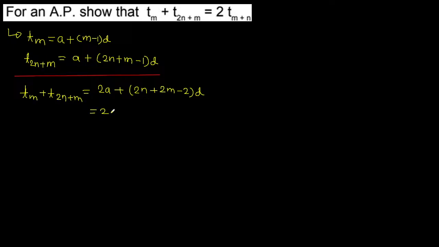If you take 2 common, it is a plus (n plus m minus 1) into d. This is 2 times of T of (n plus m).